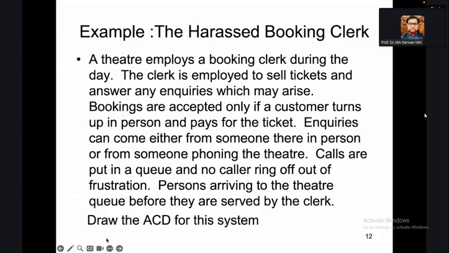So like stock and flow or causal loop diagram in system dynamics, here we will develop an activity cycle diagram.